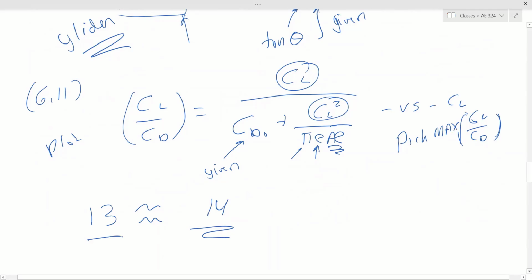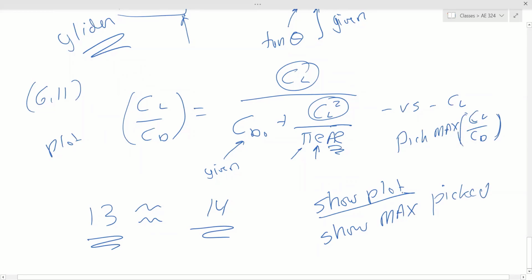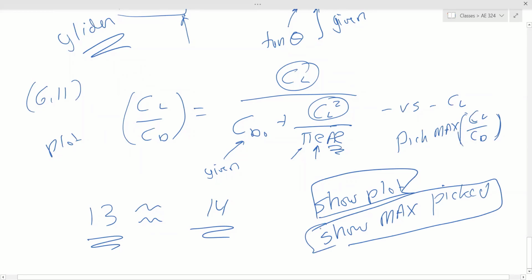I'm not going to tell you the exact number, but you can pick your max. Should get a number between 13 and 14 for that. Make sure you show your plot and then show the maximum point you picked and state it. So show me the plot, show me that you picked the maximum point from that.